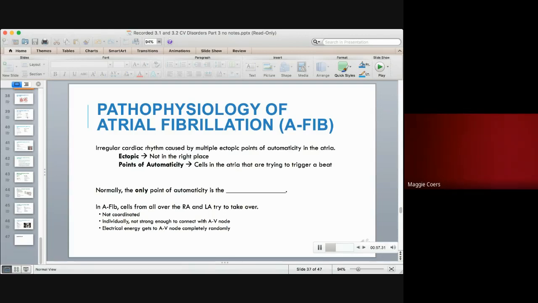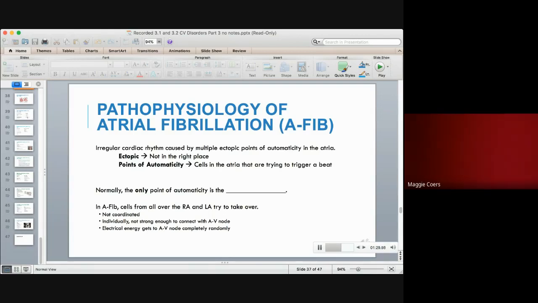Normal sinus rhythms originate in the SA node, and the SA node is the only spot in the right atria that is powerful enough to kick off a beat to go to the AV node. The SA node is the king of the castle. So these other little cells are trying to almost rebel against this SA node and trigger their own little beat.